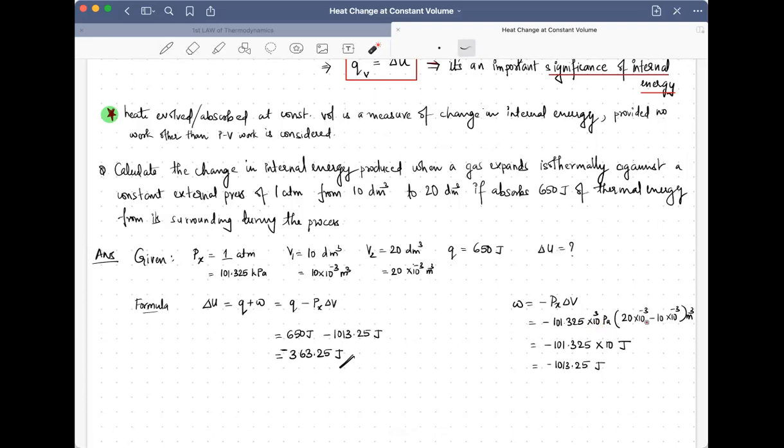Now 10 to the power of -3 is common, so we can take it out, and it will cancel with the 10 to the power of 3. What is left behind is 20 minus 10, that is 10. So it comes out to be minus 1013.25 joule. When you substitute that value here, you get the change in internal energy as minus 363.25 joule. This is the way you are going to solve this particular problem.